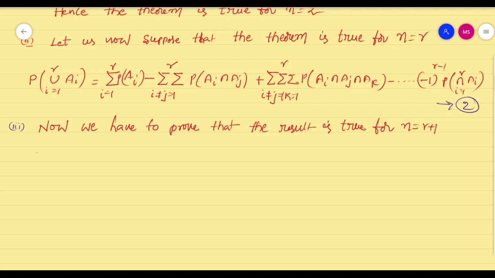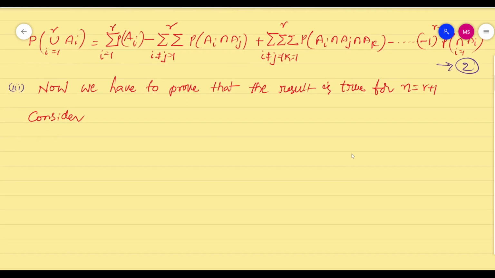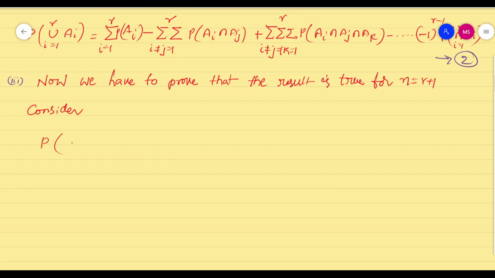Okay, now consider the left hand side, p of union i is equal to 1 to r plus 1 ai. It is very important: i is equal to 1 to r plus 1. This can be written as p of union i running from 1 to r ai, and union a r plus 1.